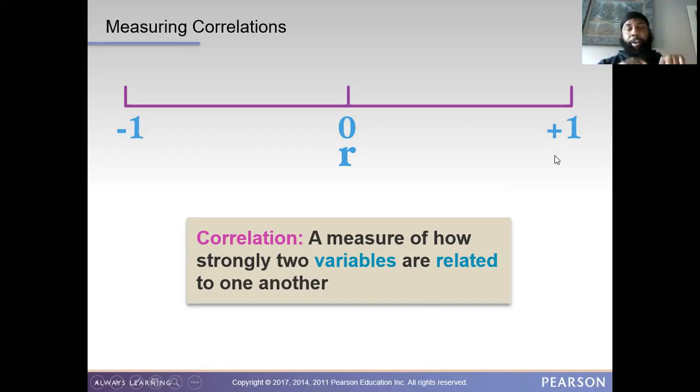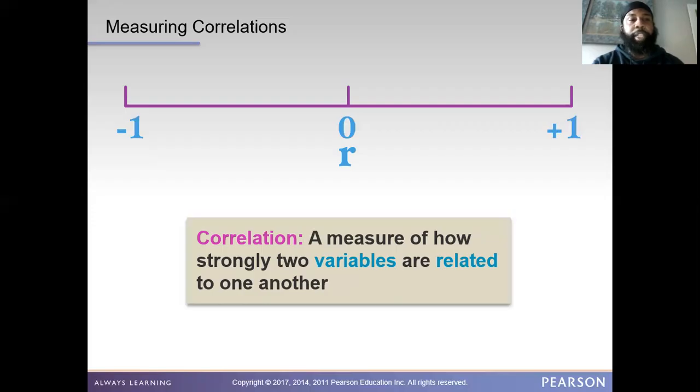Even if both variables go down and score together, if they do it perfectly every time, that's still a perfect positive correlation. Here, we have a perfectly inverse relationship. Every time variable A goes up, variable B goes down. Every time variable A goes down, variable B goes up.